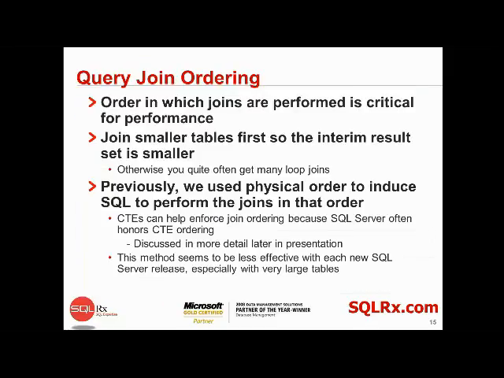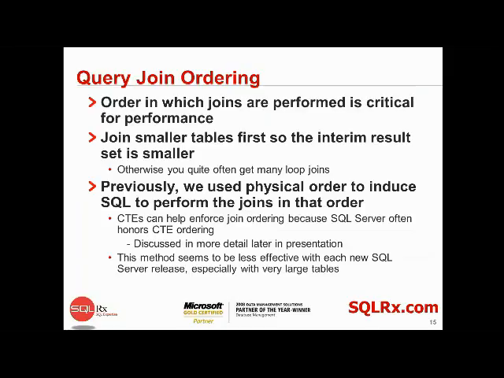Join ordering, the order in which the joins are performed, can be very important. Most people just add the joins to get it to work, but they can make a big difference in terms of performance, especially when you have a bunch of little tables and some really big tables, and you want to figure out what's going on.